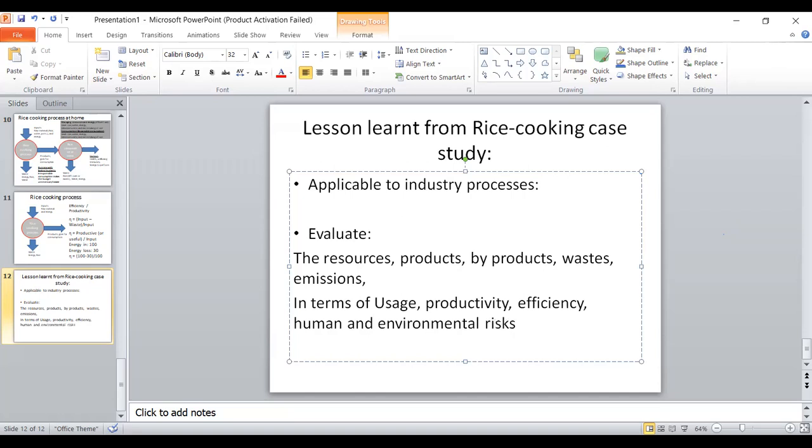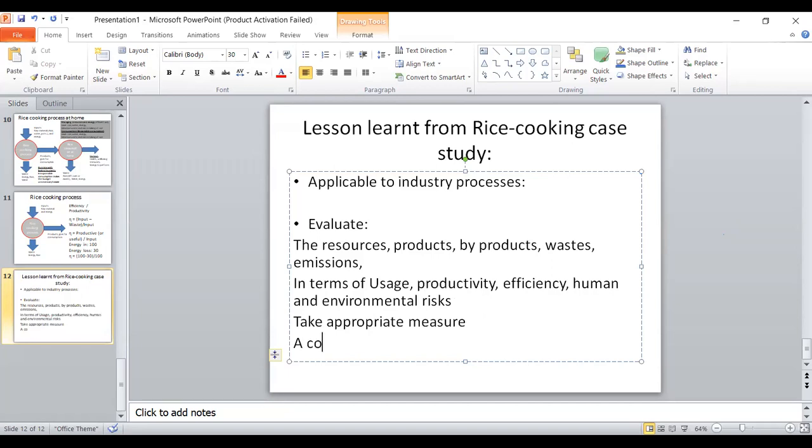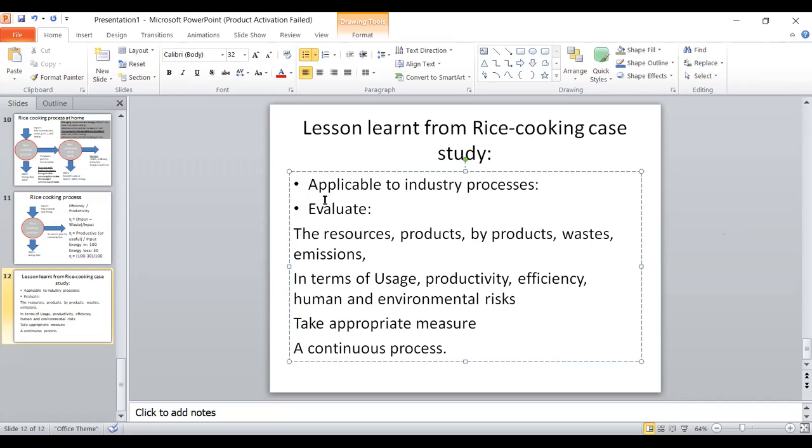You have to evaluate this, and then you have to take appropriate measures. Yes. And this is a continuous process. Okay? This is a continuous process, always, because you should always try to improve this.